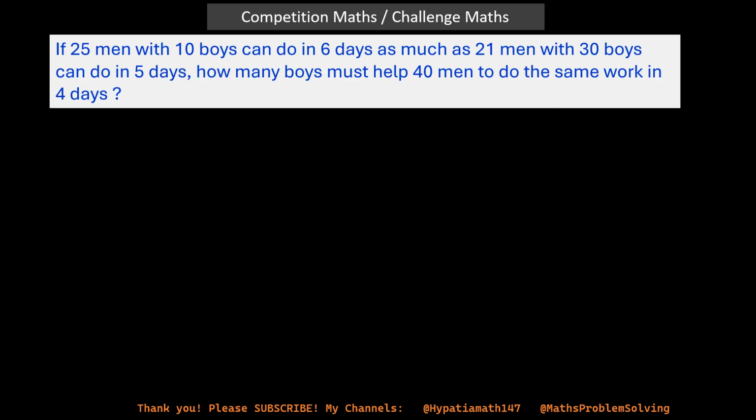So what I thought we could do is, it looks like a puzzle really, but if we said that the amount of work the men do is X and the boys do is Y, and see where it goes from there.